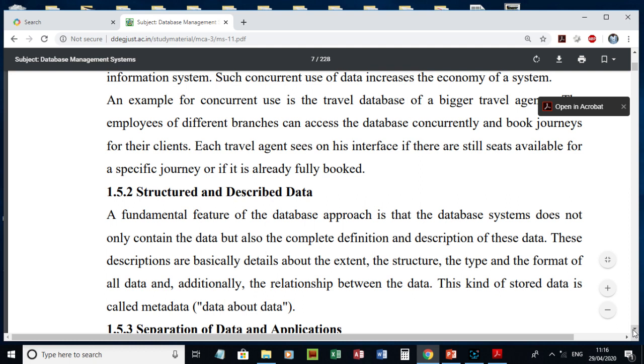That is going to lead us to another area after that, which is the practicals. This kind of stored data is called metadata. Listen carefully.